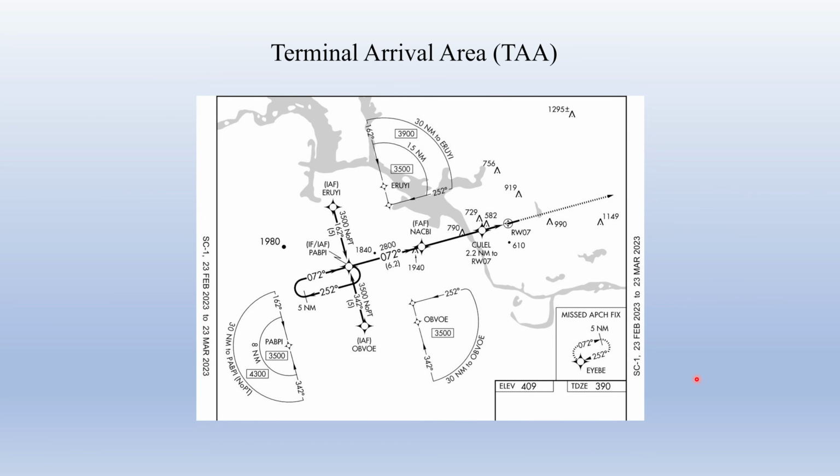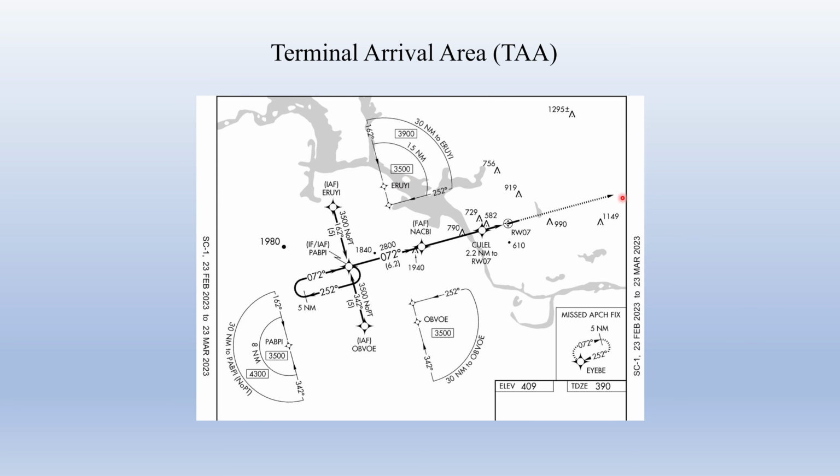Some approach procedures now have terminal arrival areas, or TAAs, in place of MSAs. TAAs are similar to MSAs, but they are different in a couple of key areas. You can tell that you have a TAA if it looks like somebody has taken your MSA circle and cut it into 3 parts, basically a half circle and 2 quarter circles.